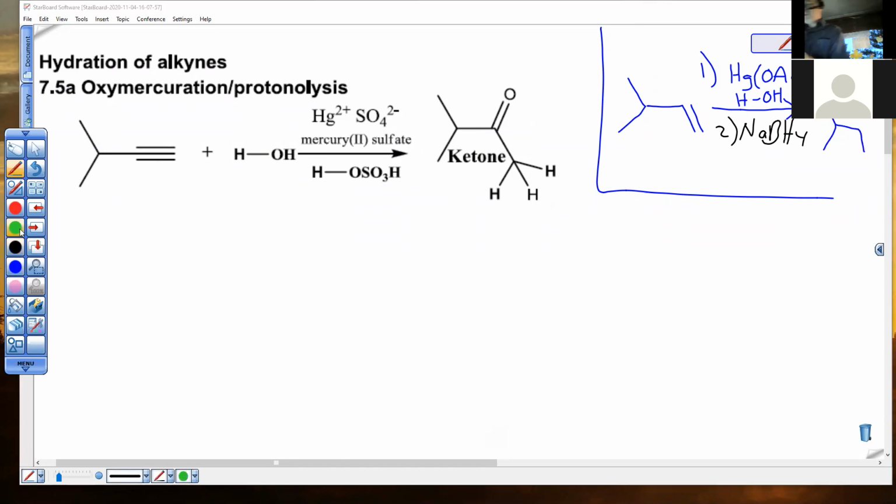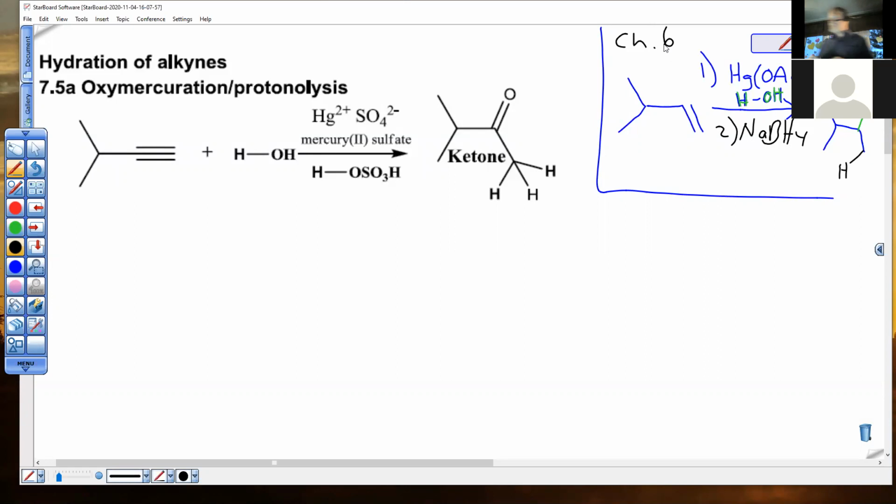And sadly, water may be green for contrast, because that's where your OH comes from. And mercury on the other carbon gets replaced by hydrogen in step 2. All right, that was Chapter 6. A lot of similarities.